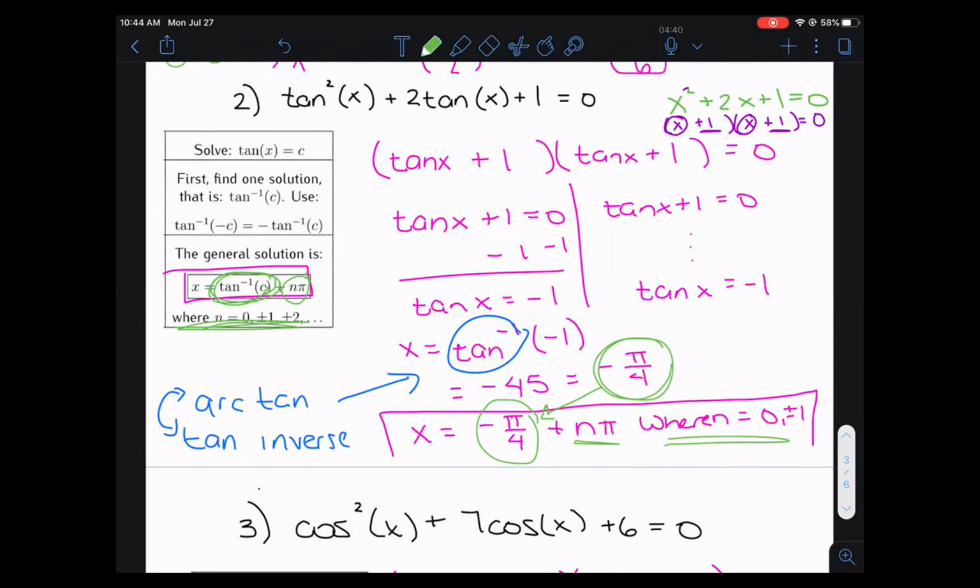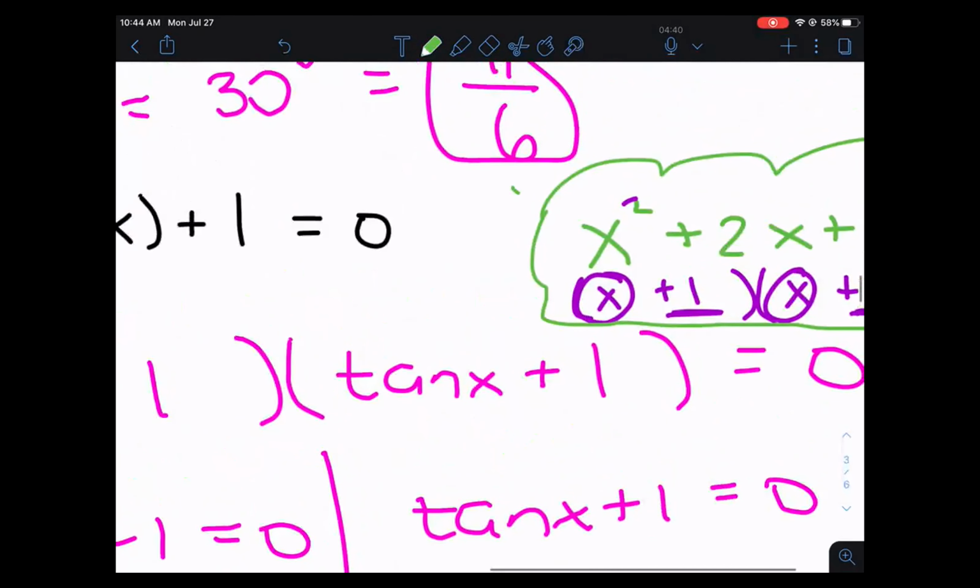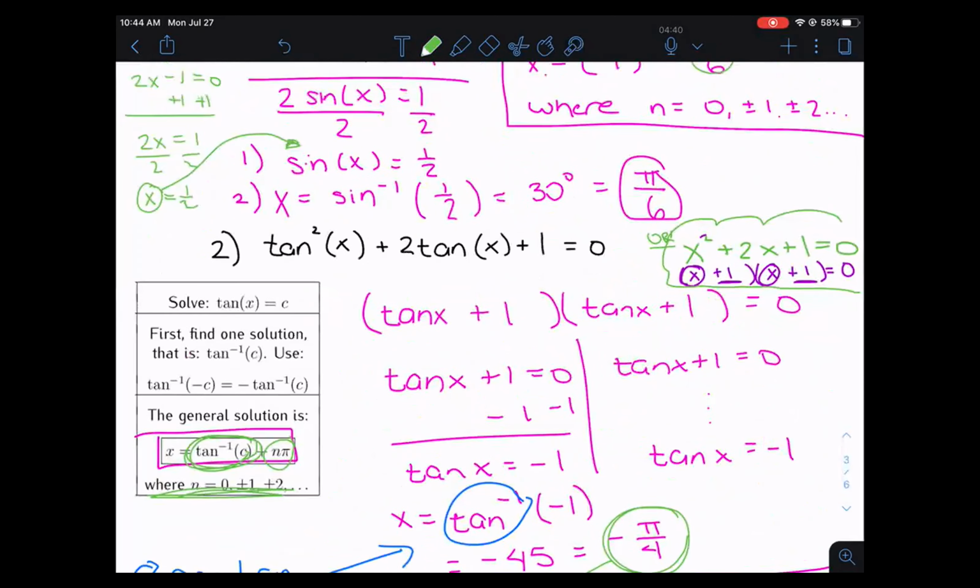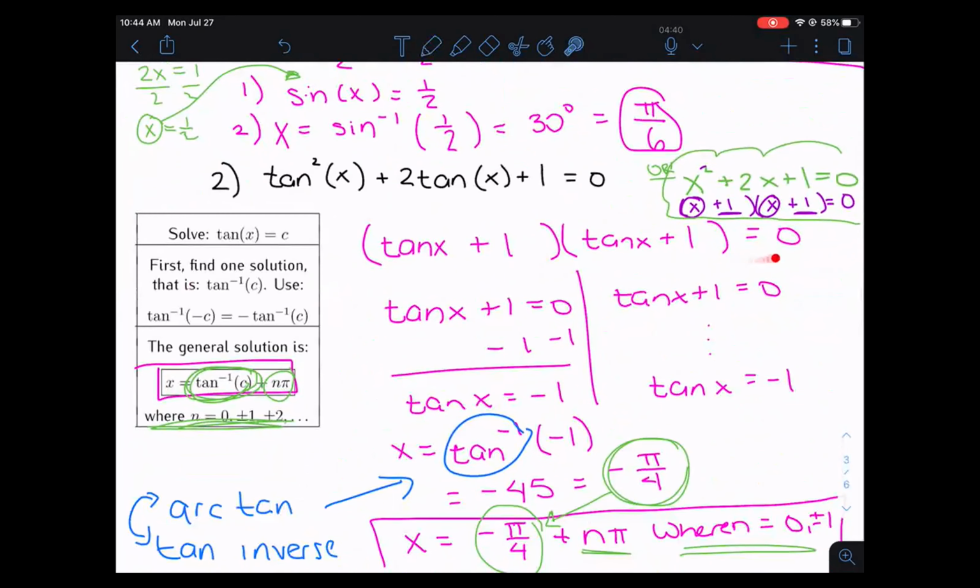This is kind of like my side example. Yeah, this was an example. This is an alternative. I mean, tan x plus 1, tan x plus 1 equals 0. Here? Yes, that's what I'm saying.